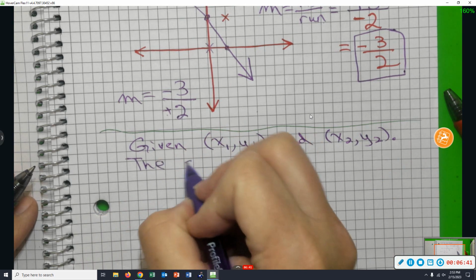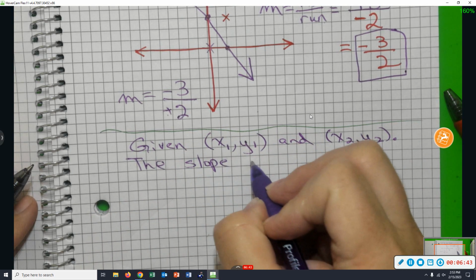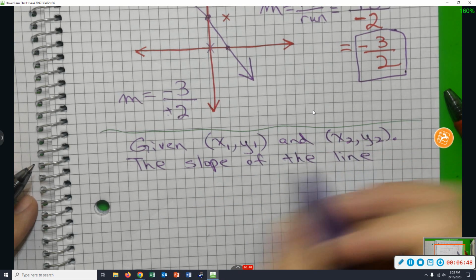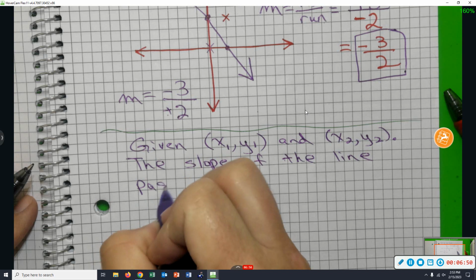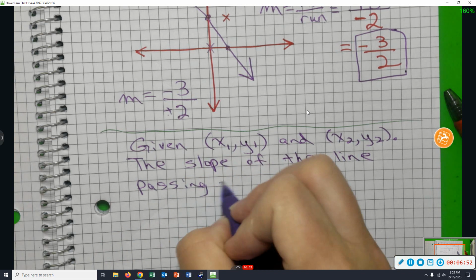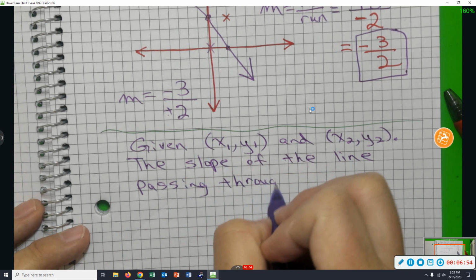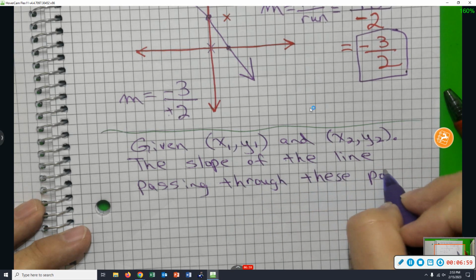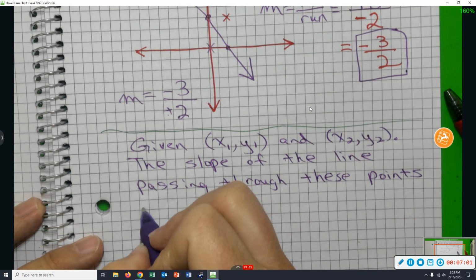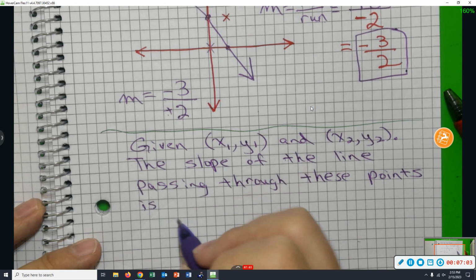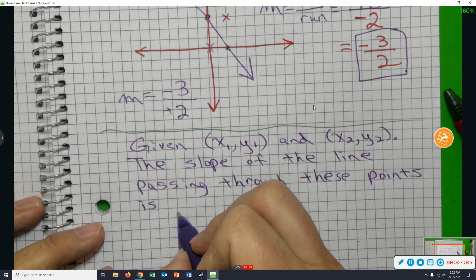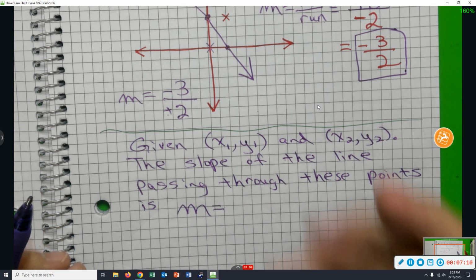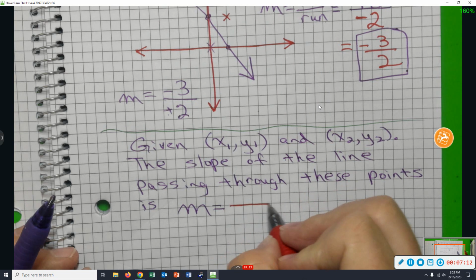The slope of the line passing through these points is given by the formula m equals, it's a fraction, just like rise over run.